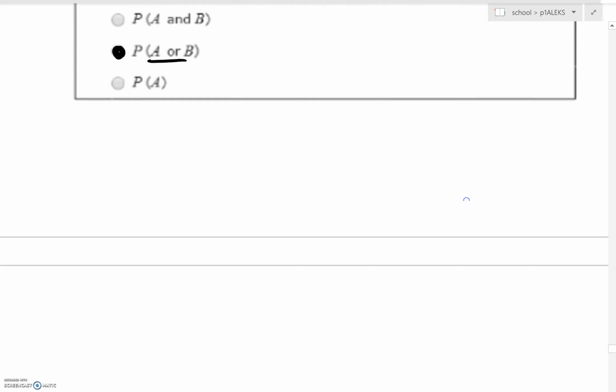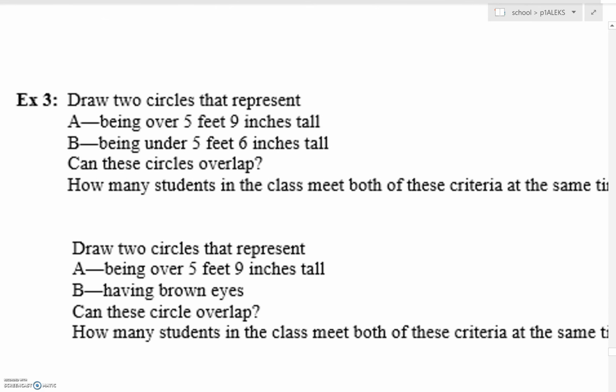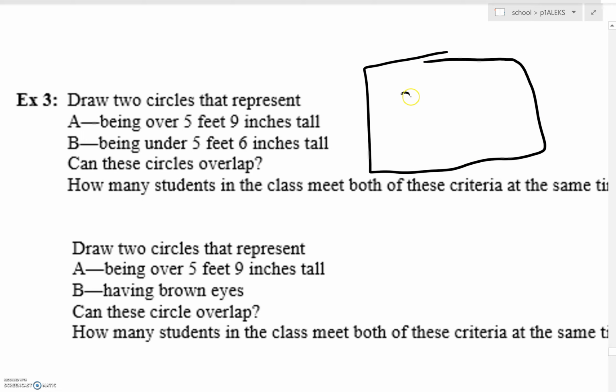Well, so we go to our last page here. Draw 2 circles that represent A being over 5 feet 9 inches. So we've got a relatively tall person here. You're bigger than 5'9". Circle B would be being under 5'6".